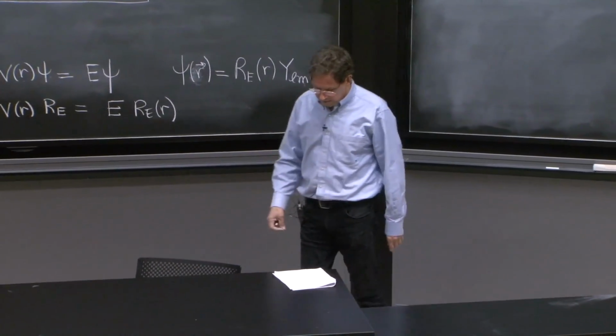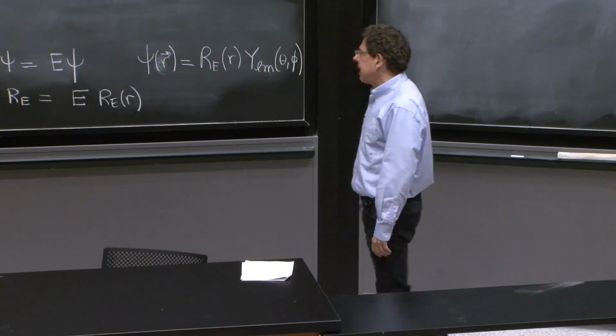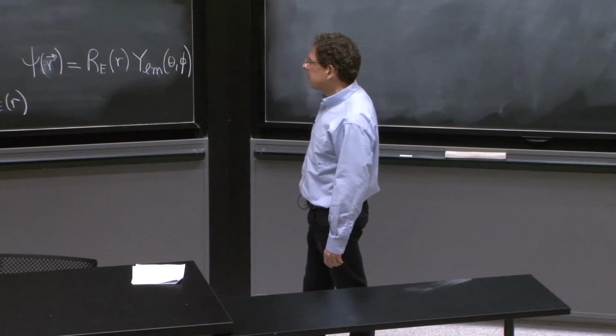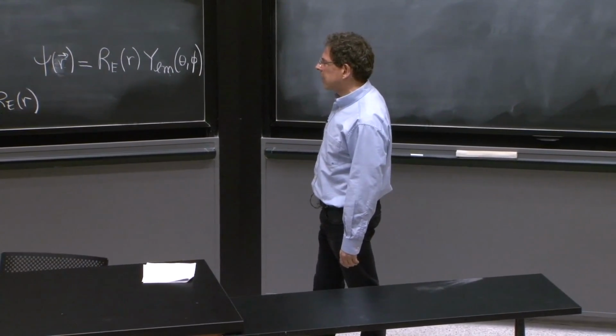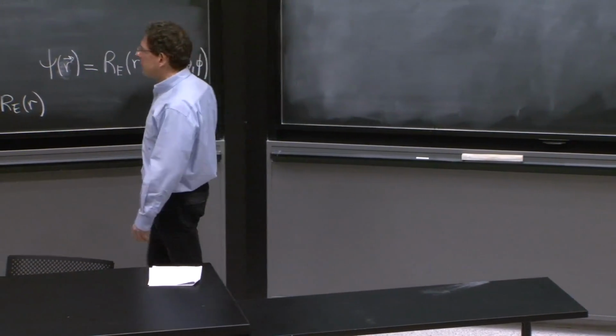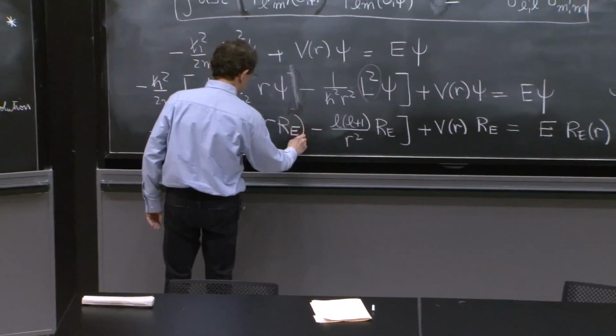The only thing I have to do, however, is to clean up this equation a little bit. And the way to clean it up is to admit that probably it's better as an equation for this product.